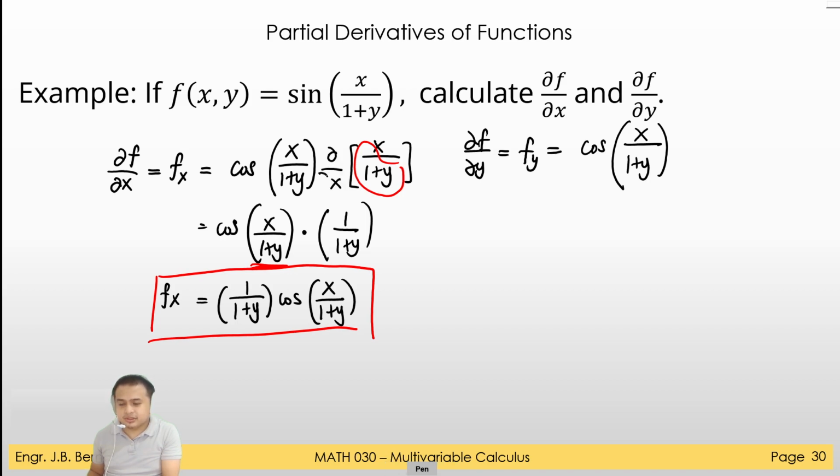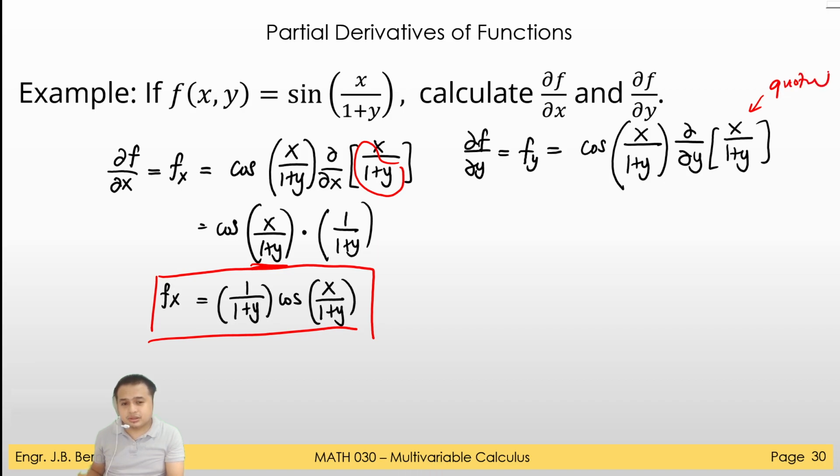We have the partial derivative with respect to y of x over 1 plus y. So we treat x as a constant, so we're trying to basically find the derivative of some constant a over 1 plus y. So how do we find the derivative of this?